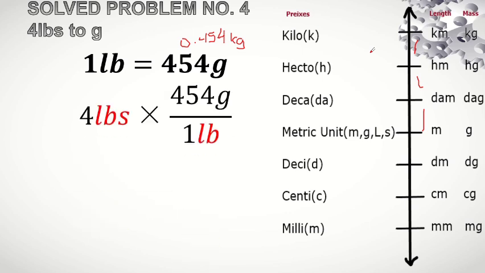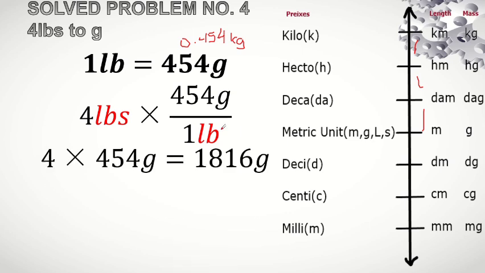Now, in 4 lbs, para makancel nyo yung lb na pound, paano siya ilalagay? Siyempre, pinailalim natin yung 1 lb. At nakapaibabaw yung 454 grams. Ano ang matitira? 4 times 454 grams. Ito, para siyang analysis algebraically. No? Kung paano nyo maaalis yung isang variable.